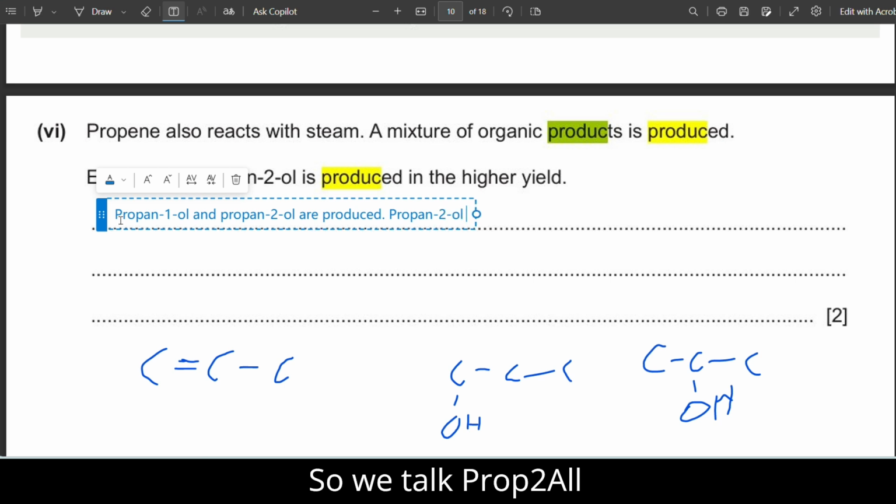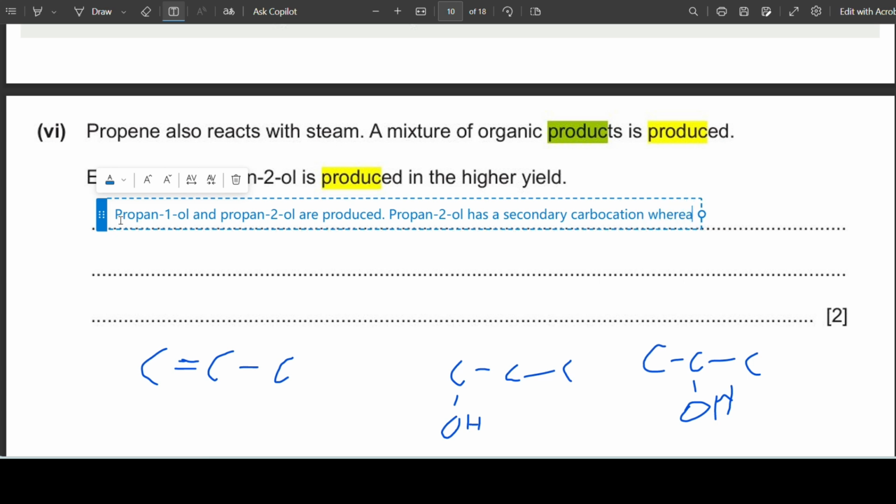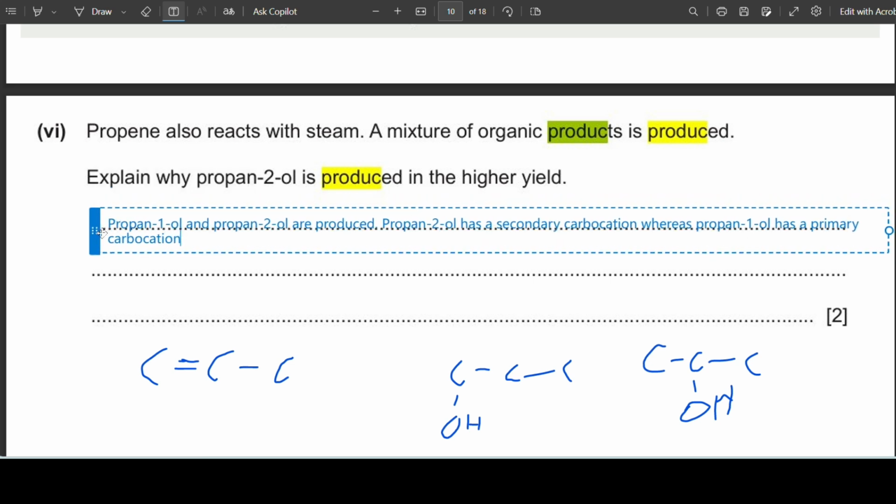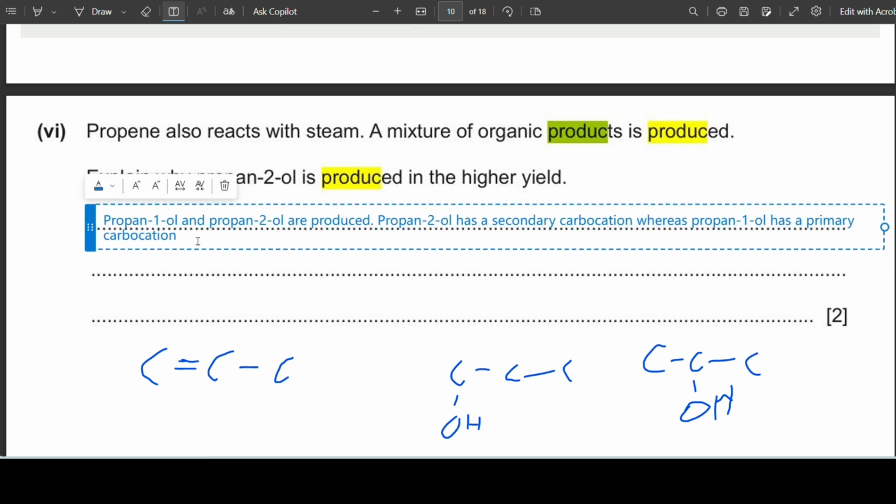So we talk about how propan-2-ol has a secondary carbocation.